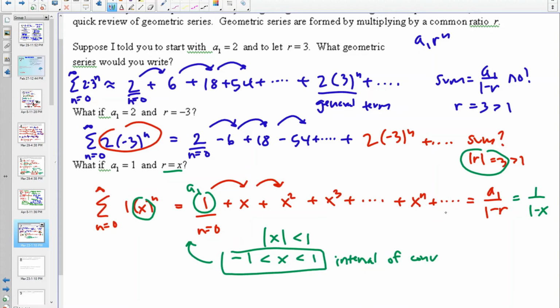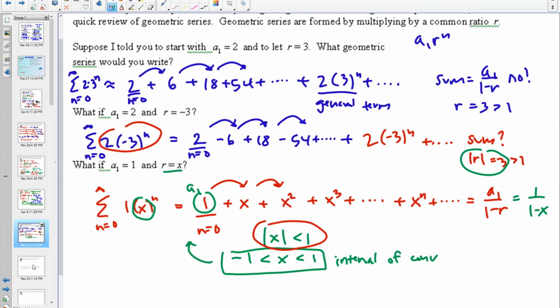You can only have a sum if x is between negative 1 and 1. I don't have to test the endpoints for this interval of convergence because the geometric series test says that as long as this expression is true, the series will converge. I did not do a ratio test, so I do not need to test the interval of convergence.